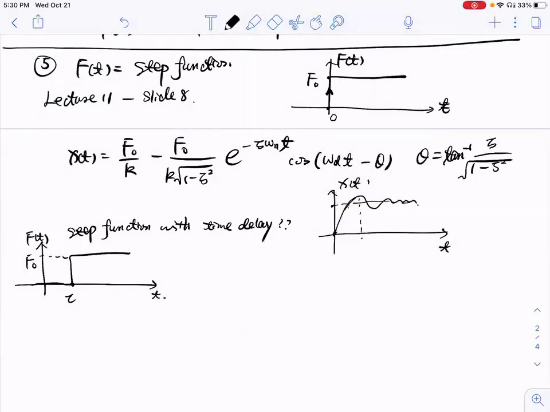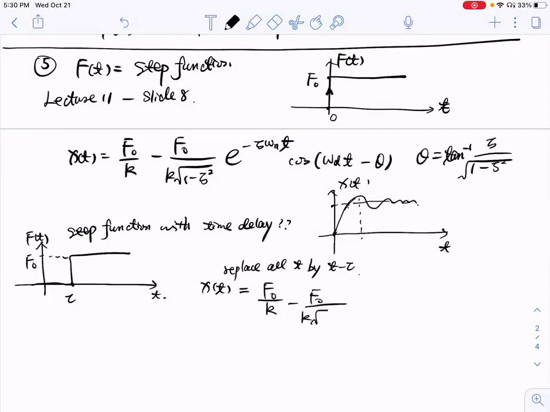Again, if your input is delayed by a certain period of time, you don't have to do a lot of things to your time domain response. You just delay everything by tau. So the way you delay this is you just replace all time t by t minus tau. Then let's see what we have.